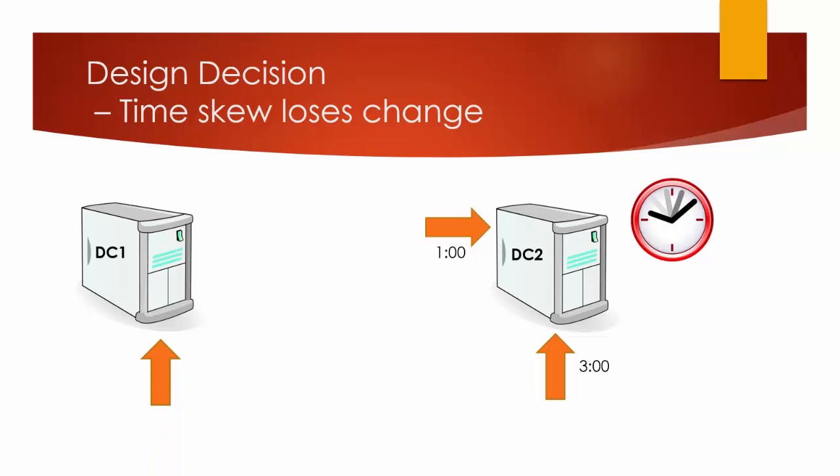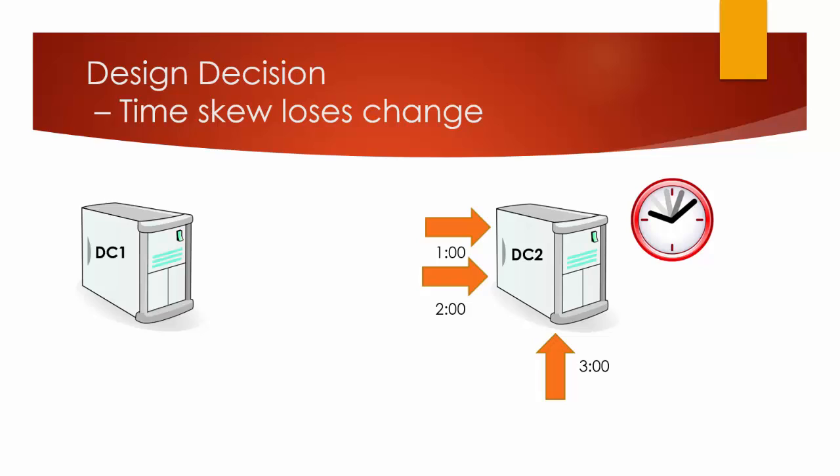DC1 now gets the third change. He passes it across to DC2 with a timestamp of 2 seconds, which is correct. And DC2 rejects that change because he says, I already have a more recent update. So he would have rejected an update.